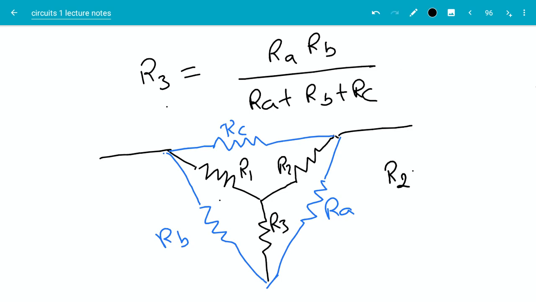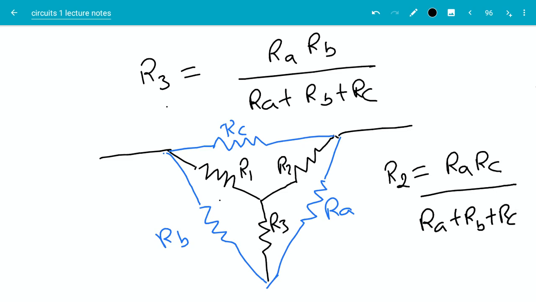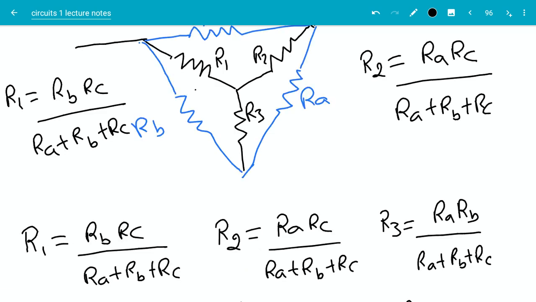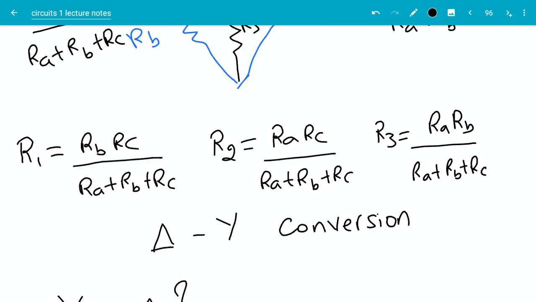So that means for R2, we can say this will be equal to Ra Rc divided by Ra plus Rb plus Rc, and R1 will be equal to Rb Rc divided by Ra plus Rb plus Rc. I'm writing the formulas here again for convenience. So given a delta circuit, you can calculate the resistance values in the Y circuit. So together, these formulas represent a delta to Y conversion.